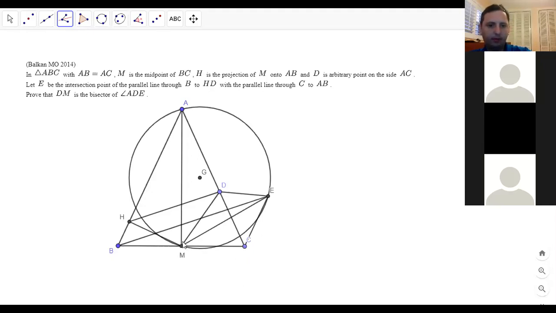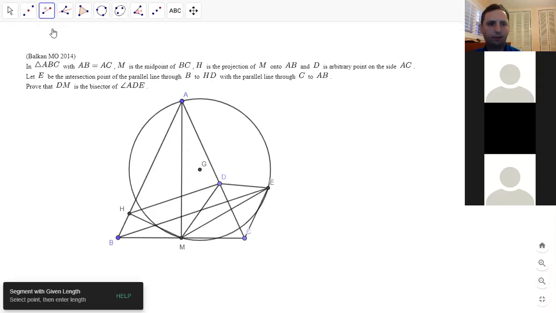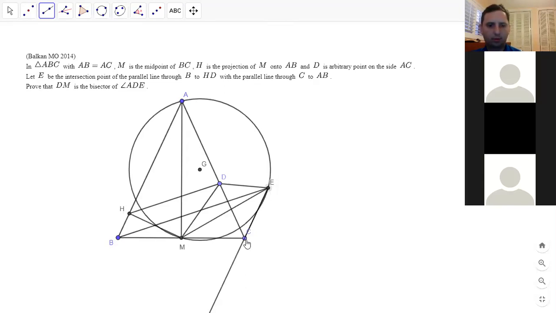Okay, but yeah, we know it lies on this bisector. How do we show it lies on a different bisector? Which bisector do we know? We know that CM bisects. So basically, if I draw, let's say I draw these two rays from point E. We know that CM bisects this angle.